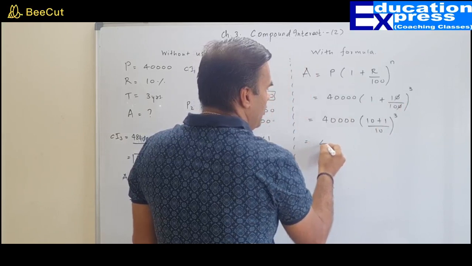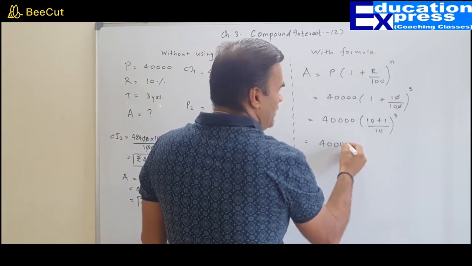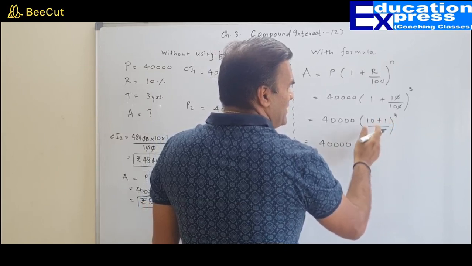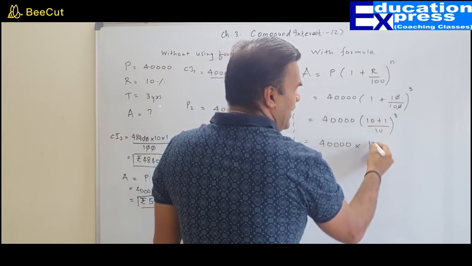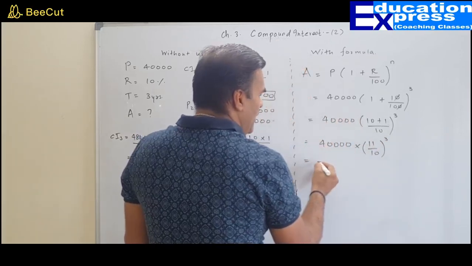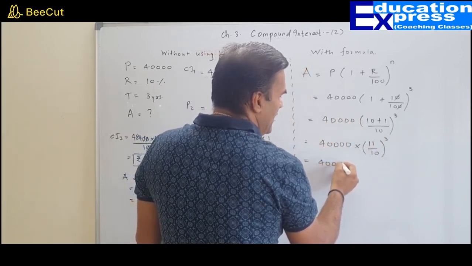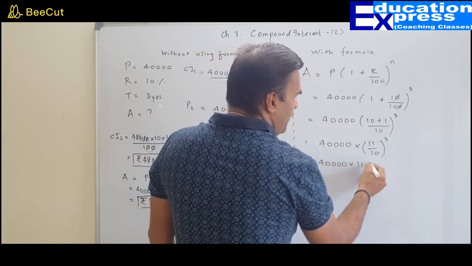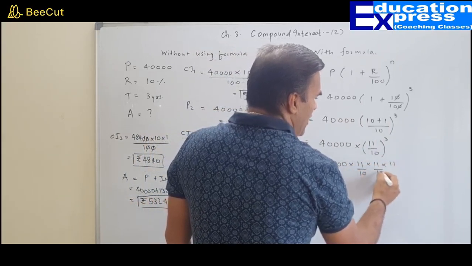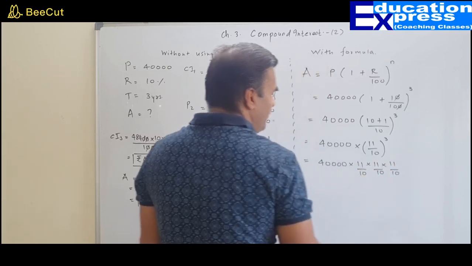Now what, sir? Now very systematic. 40,000 multiplied by 10 plus 1, 11. So basically 11 upon 10, the whole cube. What we can do is 40,000 into 11 into 11 into 11 upon 10 upon 10 upon 10.